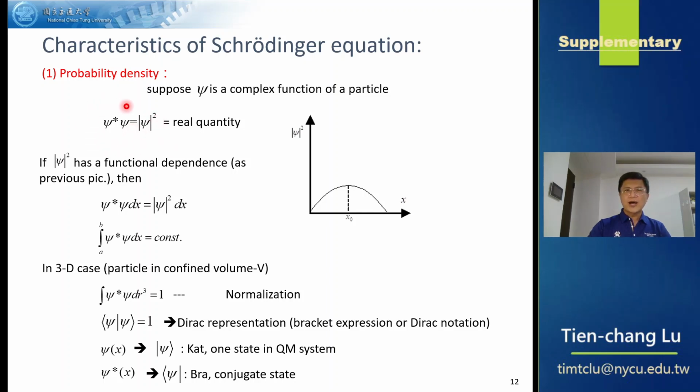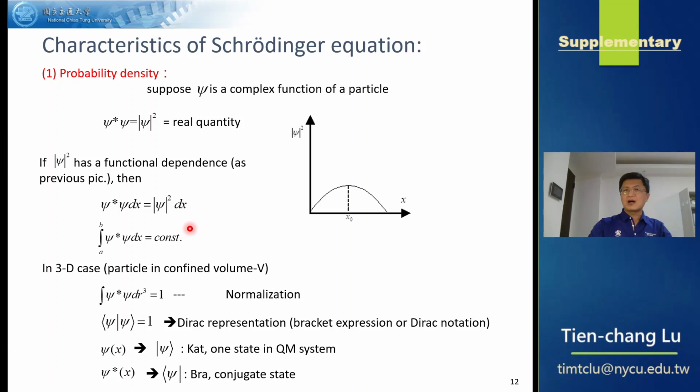Now this becomes a real quantity that can be measured, that can be detected. So phi squared has a functional dependence, as in the previous picture. And then we know that phi complex conjugate times phi dx equals the absolute value of phi squared dx.